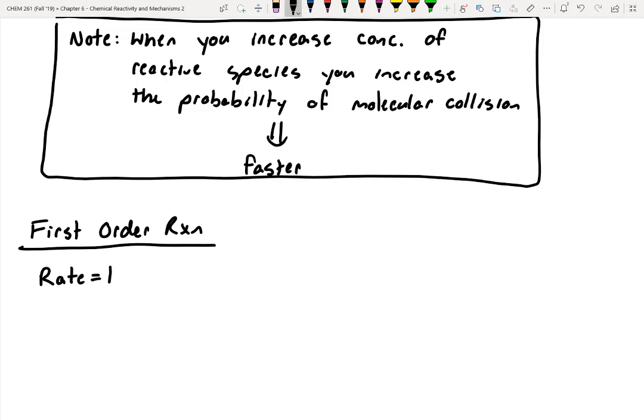So rate would be equal to k times the concentration of just one reactant within your round bottom flask. Let's say we have both A and B in your round bottom flask. What does that say about B? The concentration of B doesn't impact the rate at all, right? So we could have some species that doesn't impact the overall rate. All right, so that'd be a first-order reaction. Next one would be second order.